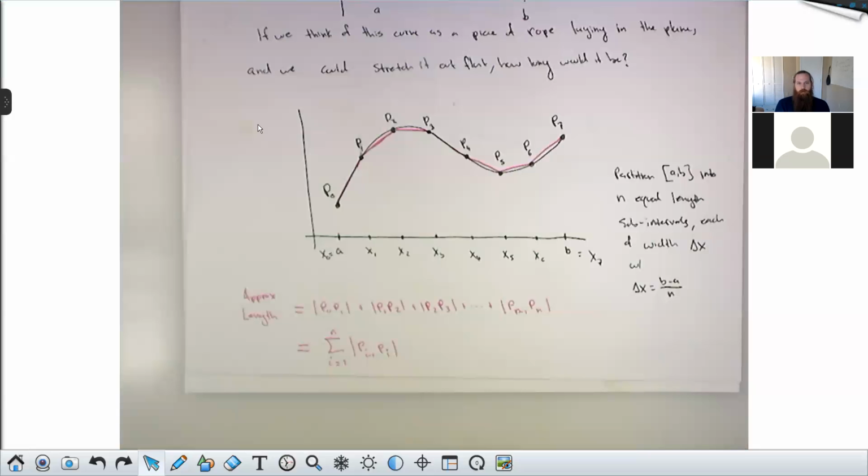The nice thing is that since each of these pink lengths is a straight line length, I know how to calculate that. That's the straight line distance from, say, this point to this point.